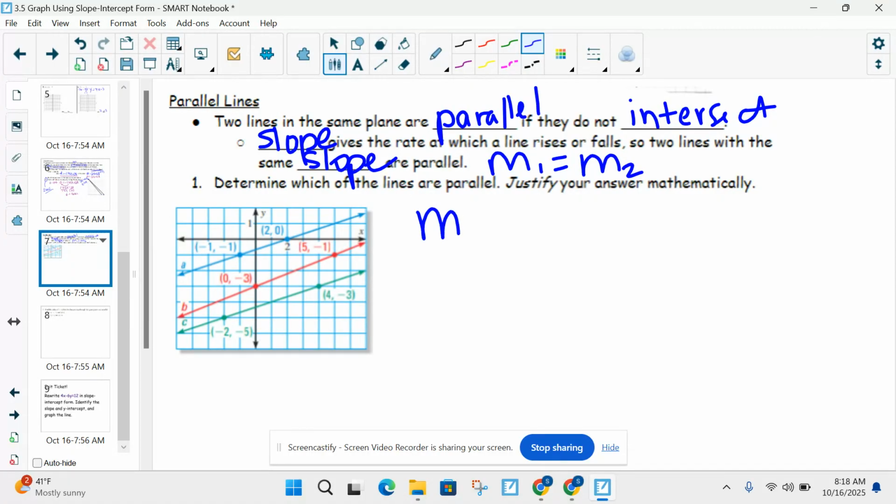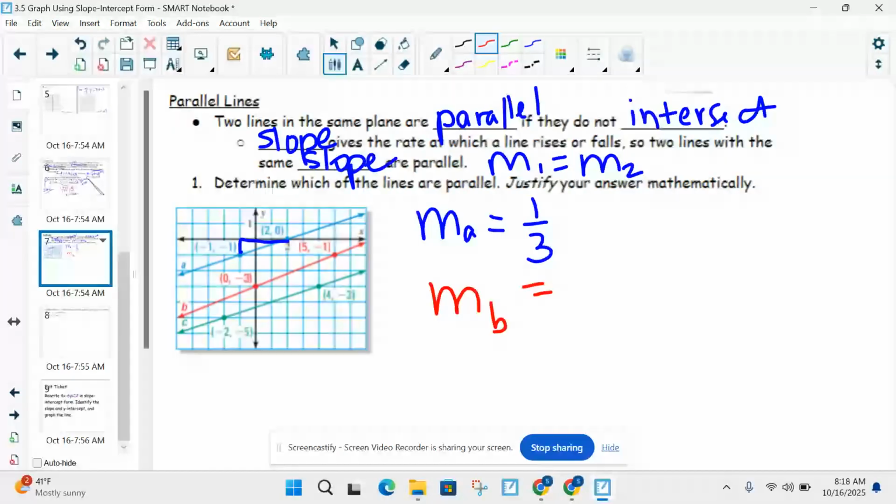For line A, m sub A just means the slope of line A. The slope is 1 over 1, 2, 3, so 1/3. The slope of line B would be up 2 over 1, 2, 3, 4, 5, so 2/5. 1/3 and 2/5 are not equal. So those are not parallel.